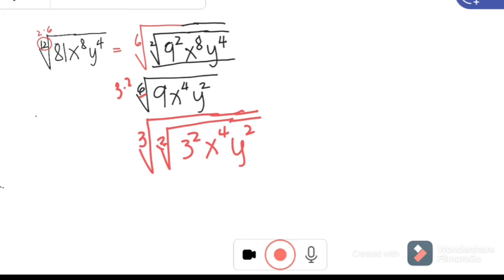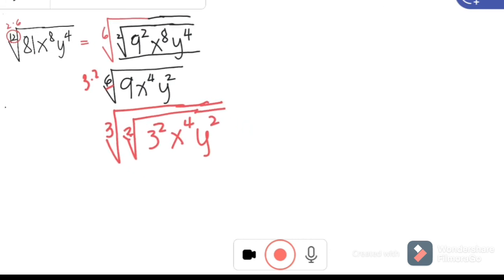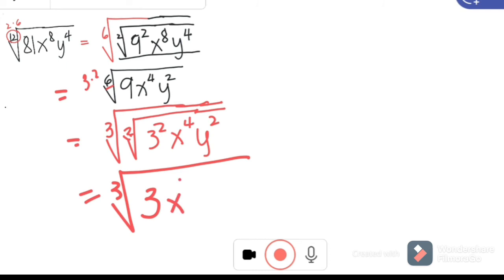Okay. Then this will be the square root of 3 squared. So we have there the cube root. 3 squared is 3. X raised to 4 is x squared and y. So this is now our final answer.